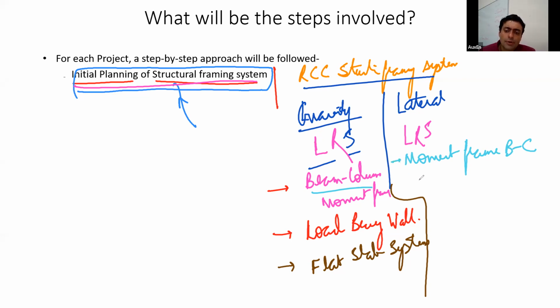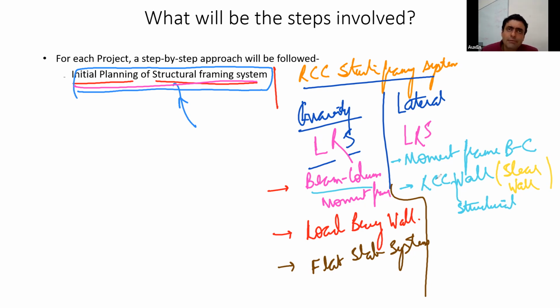Then you will see a RCC structural wall system, which we generally call shear walls, though shear wall is not a very appropriate name. But commonly we use this term. So RCC structural wall system takes lateral loads.